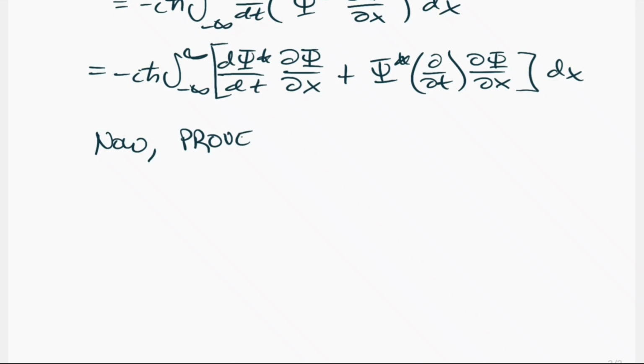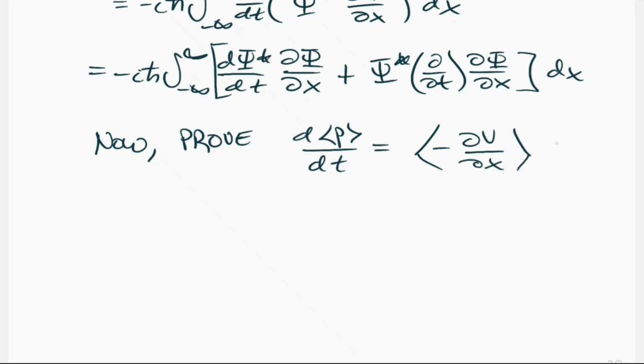And now prove that the time derivative of the expectation value of momentum is equal to the expectation value of negative dV dx. So that's our final step in this problem.